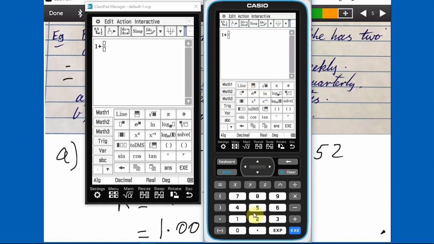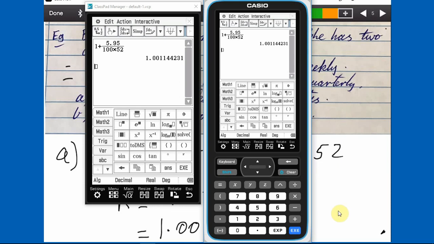On the top we've got 5.95, and on the bottom, you can either click there or use the arrow keys, doesn't matter which one you use, it's whatever you get used to. Times 52, and then you go EXE, and there's your answer.